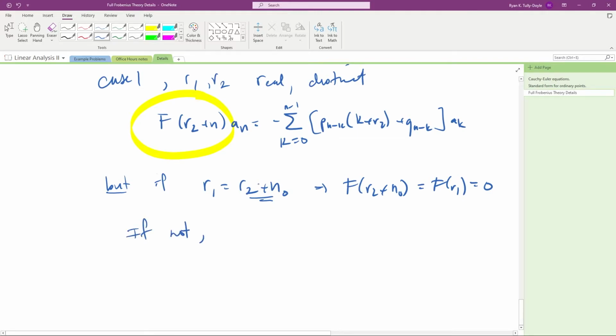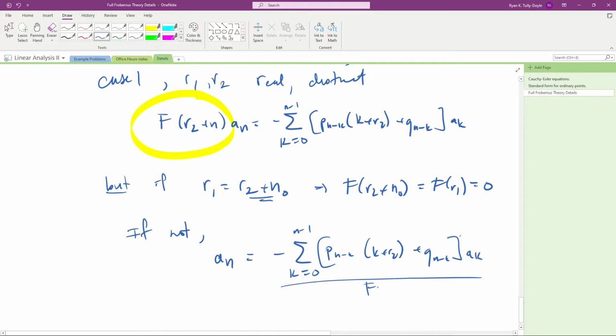If not, then I could write down an is equal to minus the sum from k equals 0 to n minus 1 of pn minus k, k plus R2, plus qn minus k, ak, all divided by f of R2 plus n. And this will be defined for n equals 1, 2, and so on.